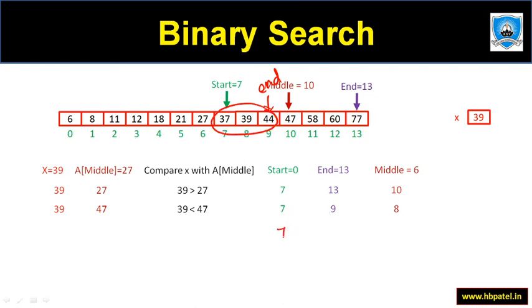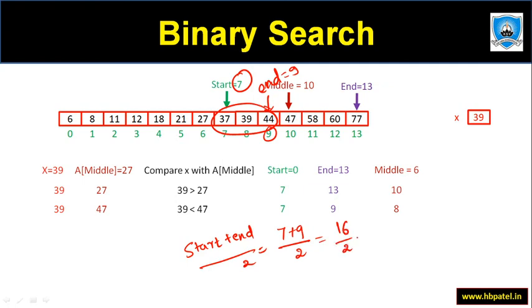And the new middle will be 7 plus 9 divided by 2, because every time we calculate start plus end divided by 2. What is start? 7. What is end? 9. So 7 plus 9 is 16, 16 divided by 2 is 8. So the new middle will be 8.